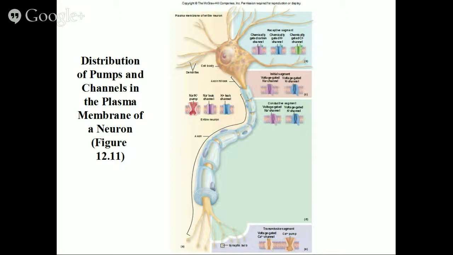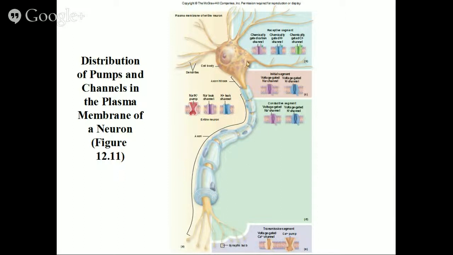Now, before you talk about an action potential and how it is generated in a neuron, you need to understand the anatomy of a neuron. In this image, we can see the cell body, the dendrites, the axon hillock, and the axon itself, and then the extensions on the very end of the axon, ending with synaptic bulbs.